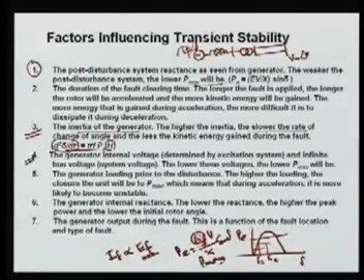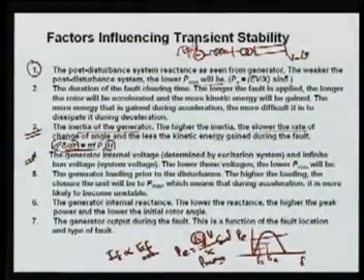If it is lightly loaded, then your system is more stable. If it is highly loaded, then the stability will be very less. Again, we have seen by increasing the initial loading, and I showed that one example using the equal area criteria. So loading is also very important.